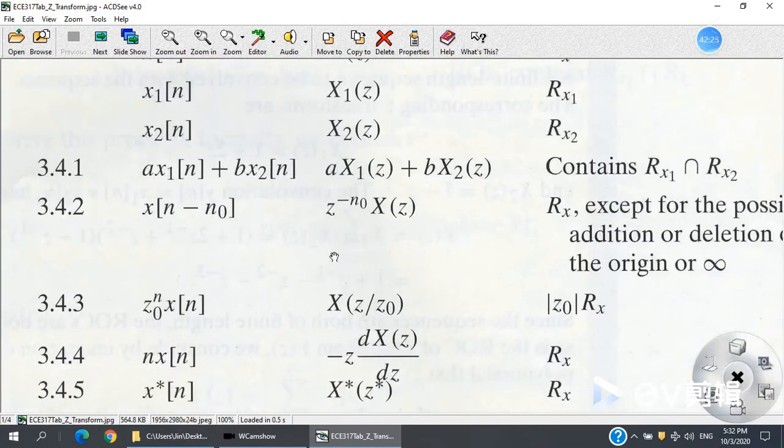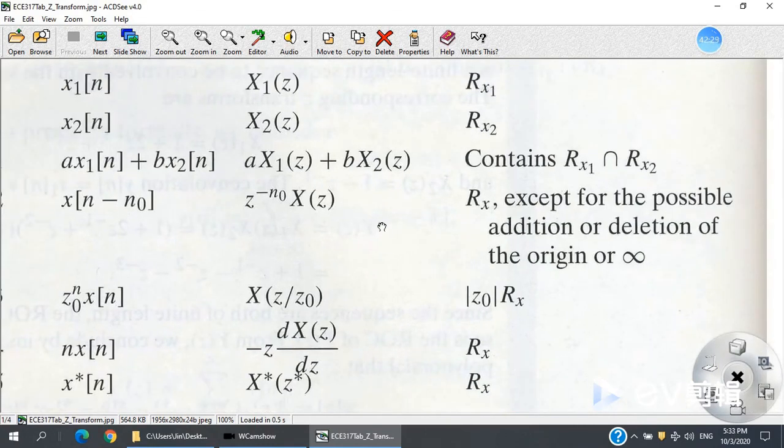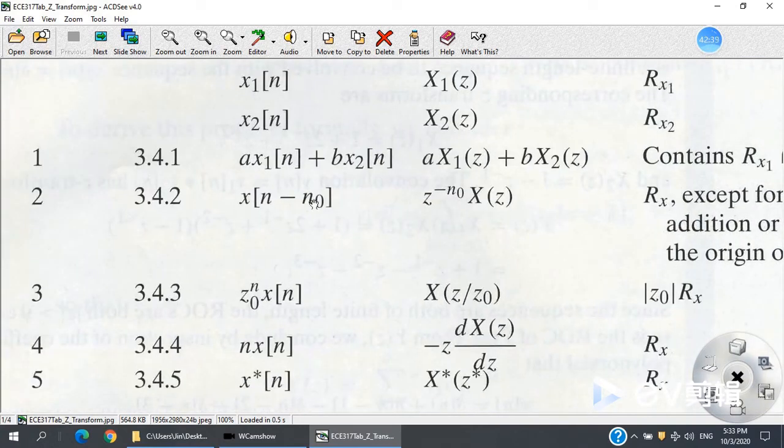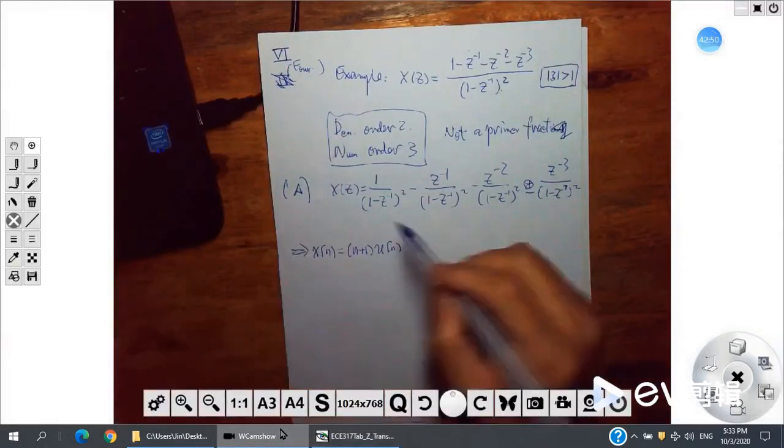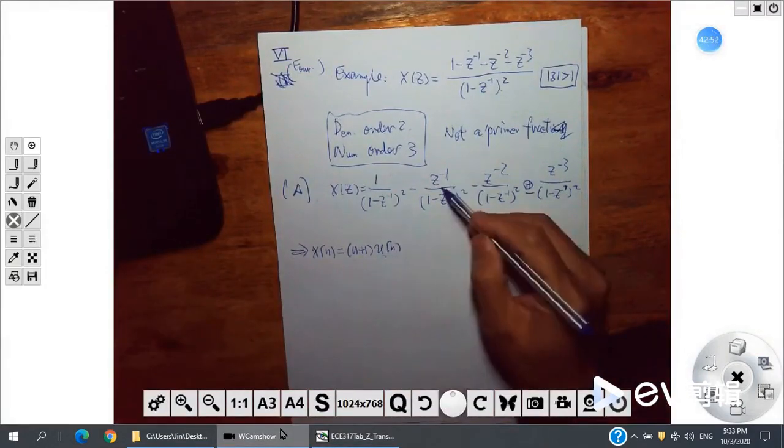That means you have a shift on x, and the RC just has the possible addition or deletion of 0 and or infinity, so it doesn't matter what it is. You just think this is a shift by n0. So it is a shift of this one by 1.